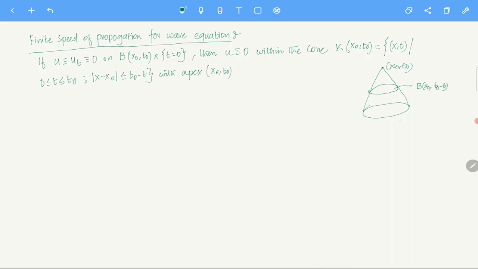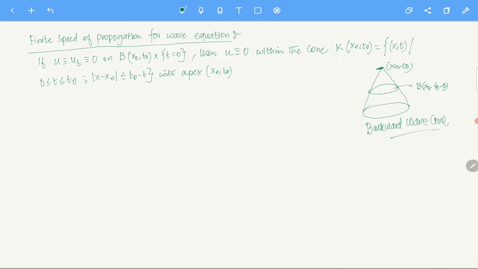Here it is x, and here t equals 0. So this is kind of a backward wave cone; we call it a backward wave cone. Clear?